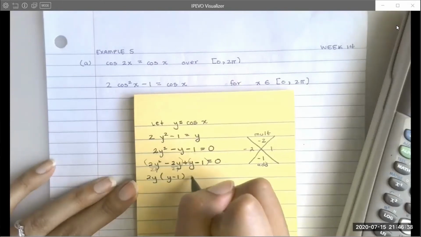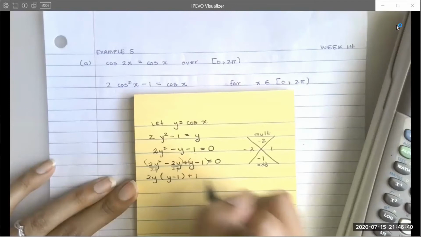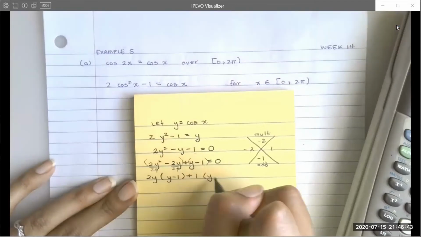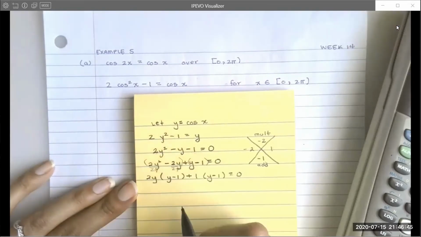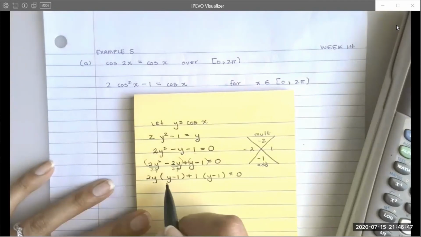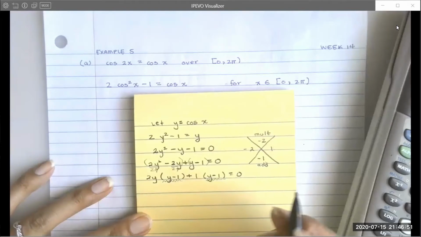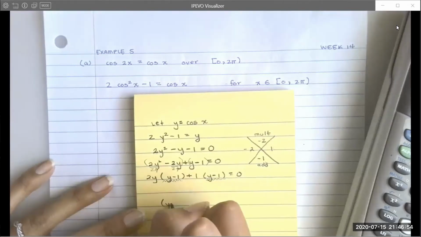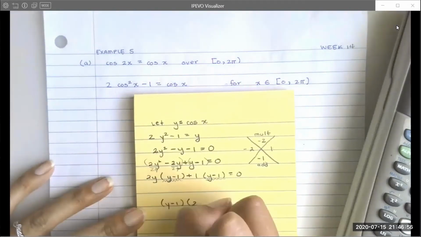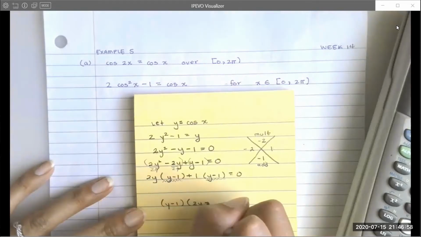So we would have plus 1 times y minus 1 is equal to 0. At this point, I see that the y minus 1 is present in both terms, so I can factor it out. And when I factor out this y minus 1, I end up with the 2y plus 1 is equal to 0.